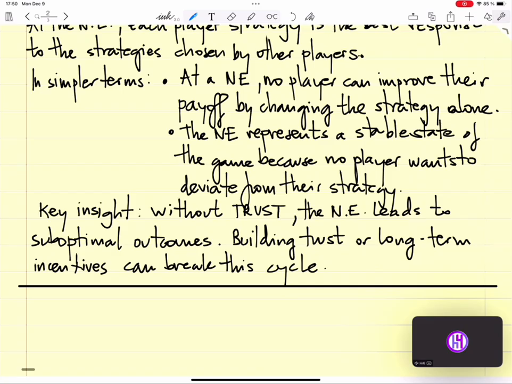Another example, 2.2 is Nash equilibrium in supplier price competition.